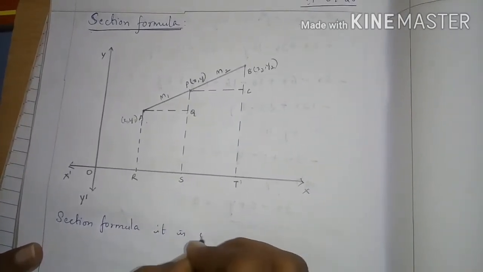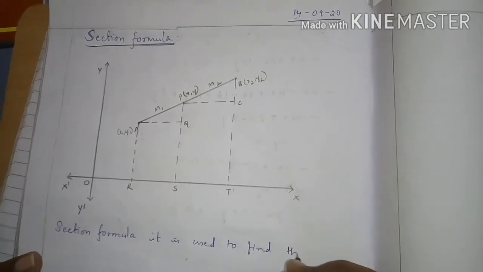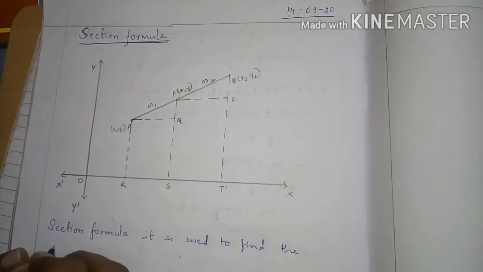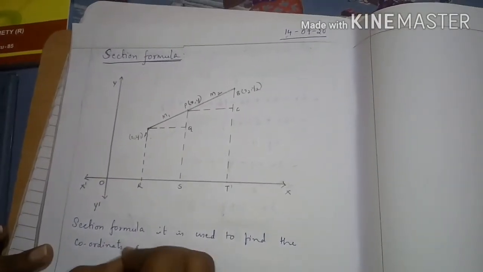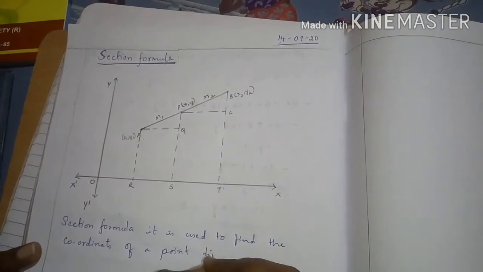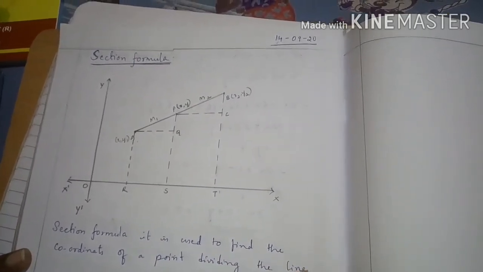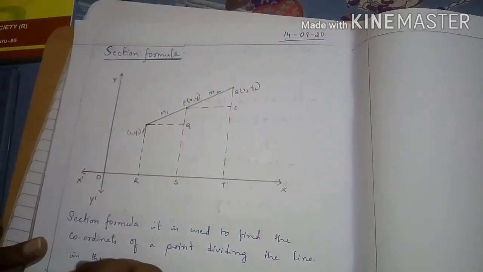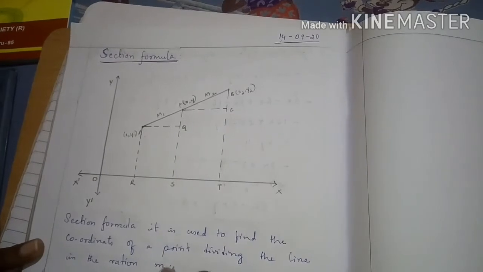It is used to find the coordinates of a point dividing the line in the ratio m1 is to m2.